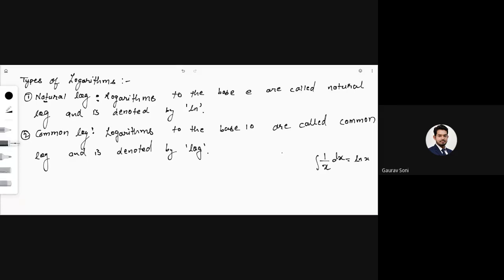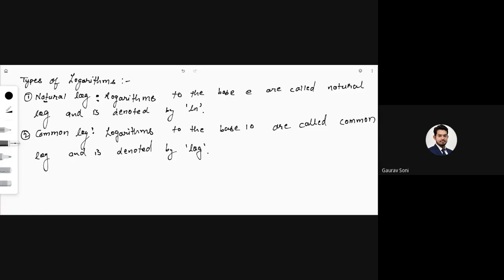You may or may not know about this a lot, but there was this log, and it was simply ln of x. So it comes naturally in the expression when you take integrations, and that's why it is called natural log. If I want to convert log to the base e of x to log to the base 10 of x, we multiply by 2.303. Fine.